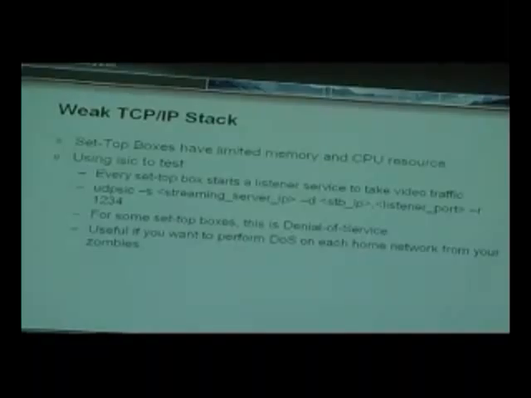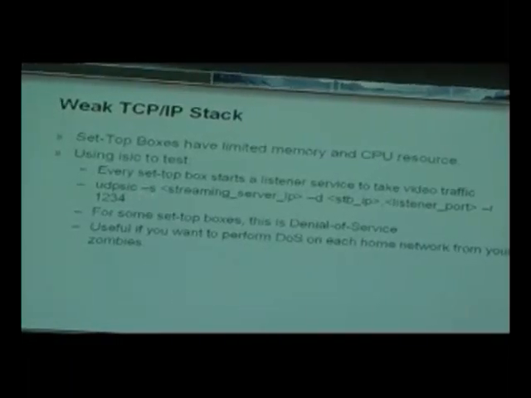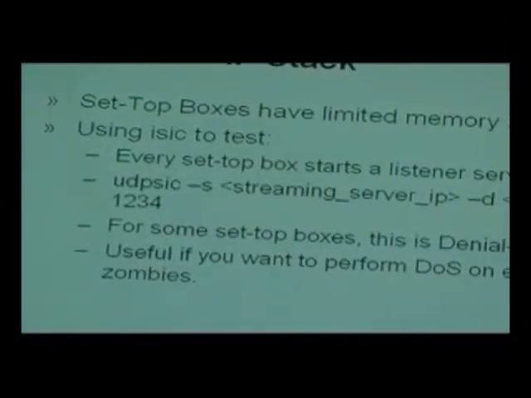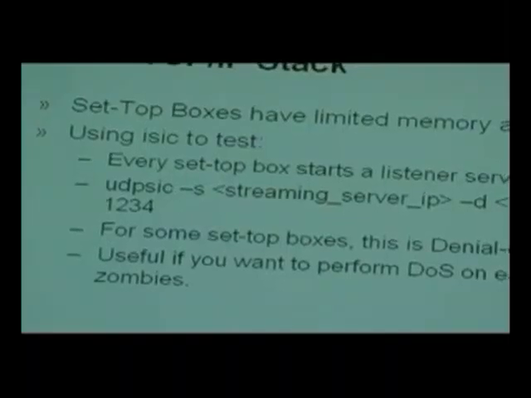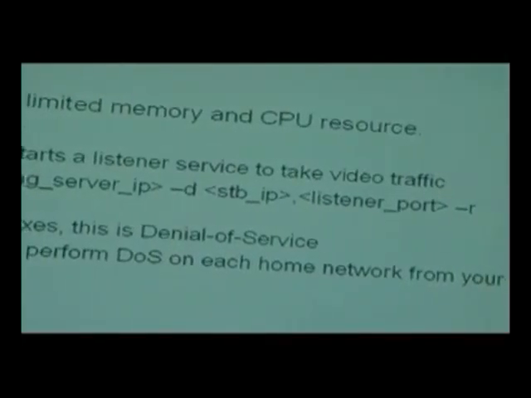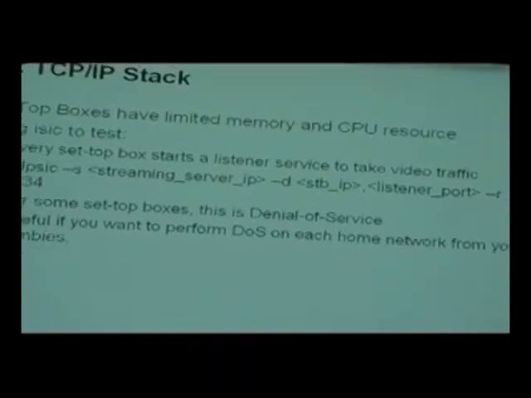At that point, you can use ISIC to do the test. Pretty much use UDP-SIC, which will generate random UDP packets to test the stack integrity. For some set-top boxes, this is going to be denial of service. The set-top box could be killed and then automatically reboot, and it may not even come back in some cases.